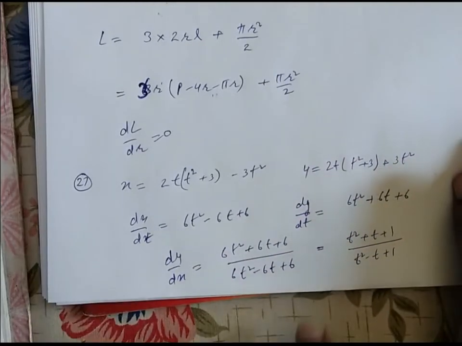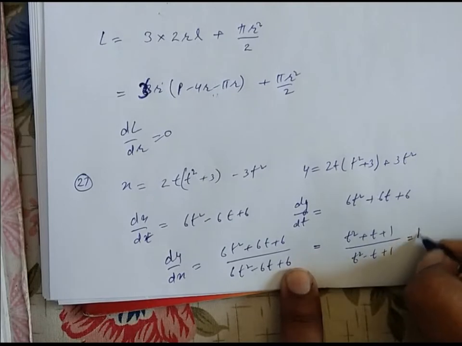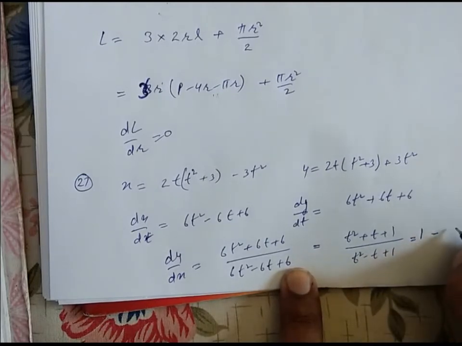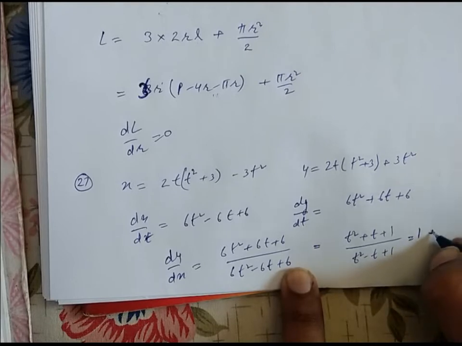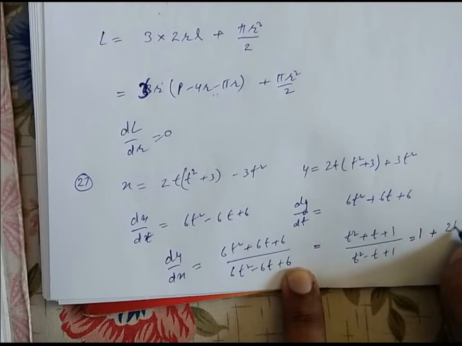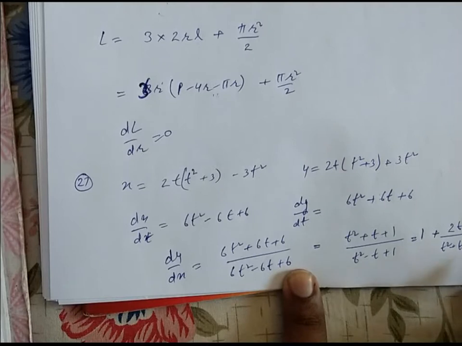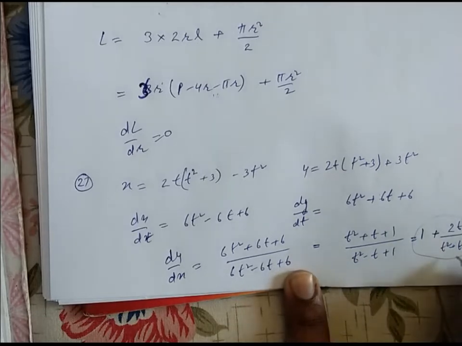Okay, that is equal to 1 plus 2t upon t square minus t plus 1. So we can find the minimum and maximum value of this. So its maximum would occur at t is equal to 1, and its maximum value at t is equal to 1 would be 3.